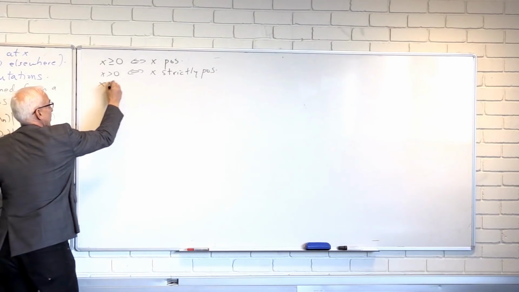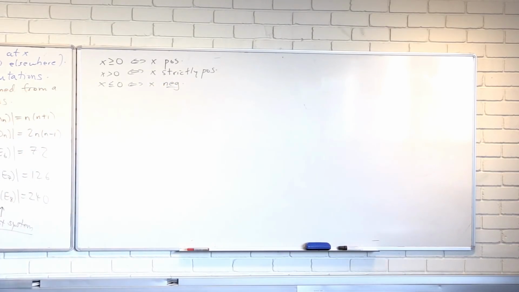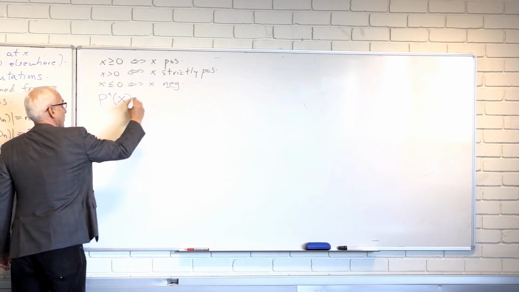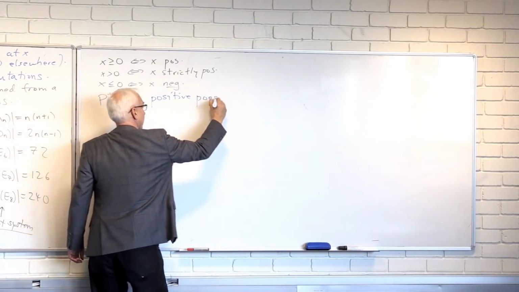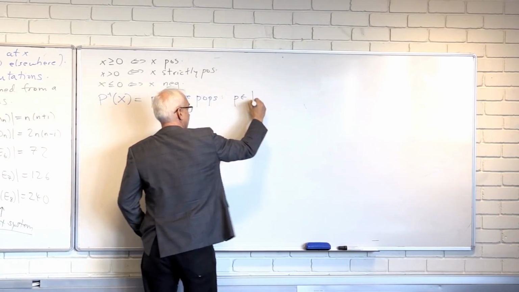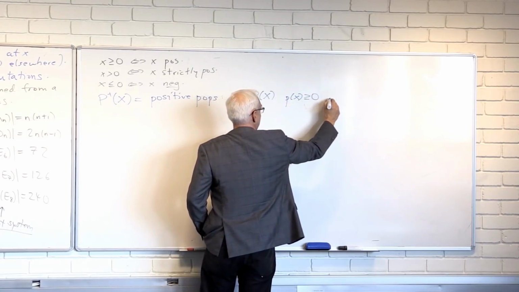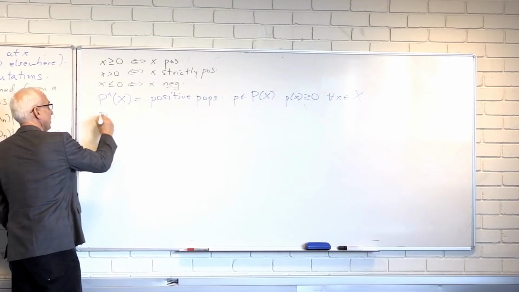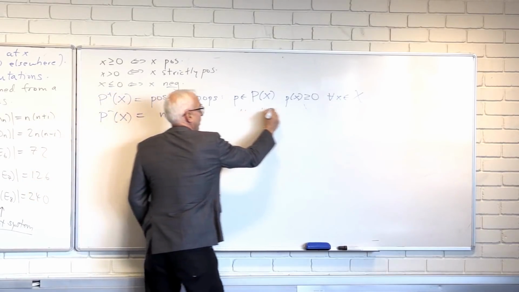If x is less than or equal to 0, it is negative. And so on. Okay, so let's introduce the positive populations. So these are the positive populations, just the populations P in P of x such that P of x is greater than or equal to 0 for all vertices x. And similarly, we'll denote by P minus of x the negative populations.